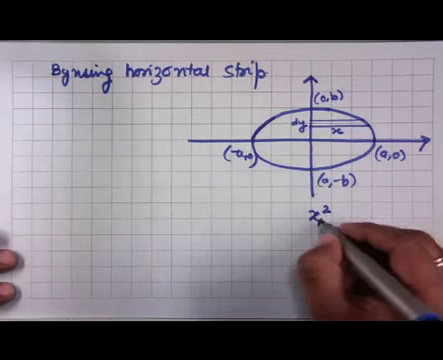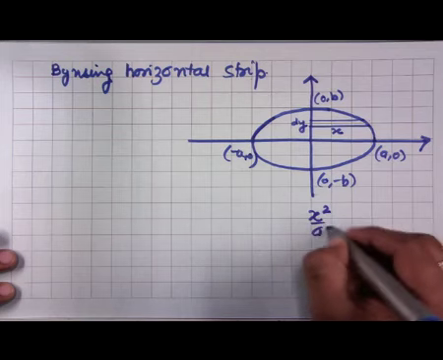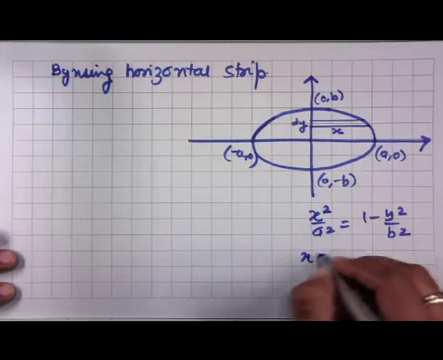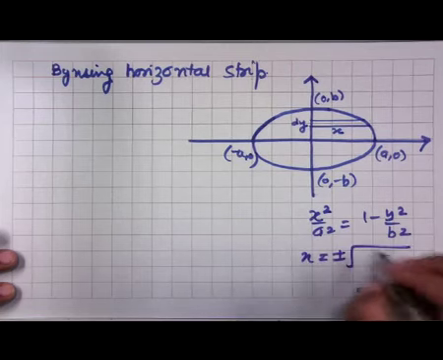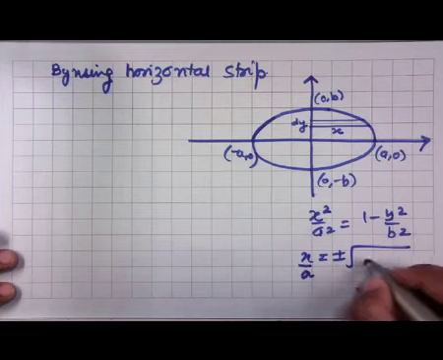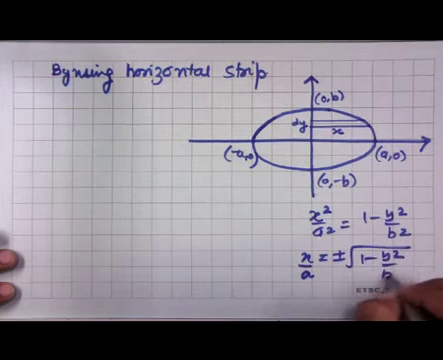So x square by a square is 1 minus y square by b square. So x is plus minus under root 1 minus y square by b square.